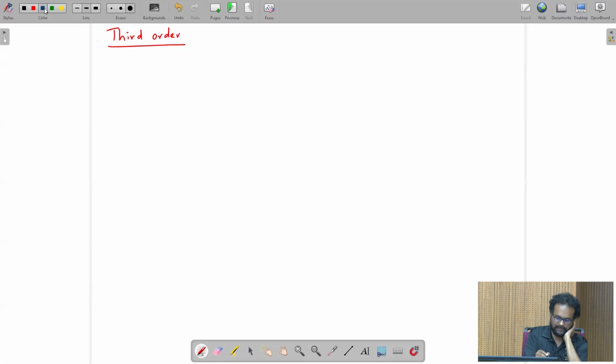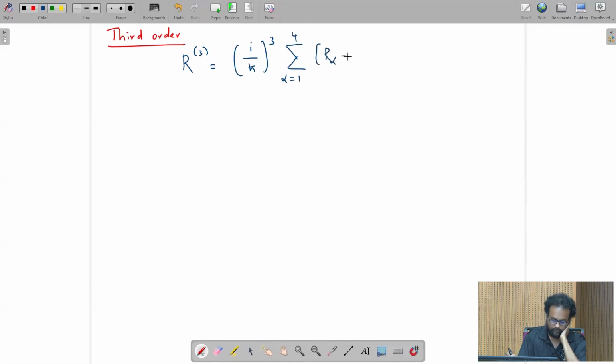For third order, the correlation function, I have already seen that. I have 4 correlation functions. I didn't kind of show you that. Okay, let's take a 2-level system.